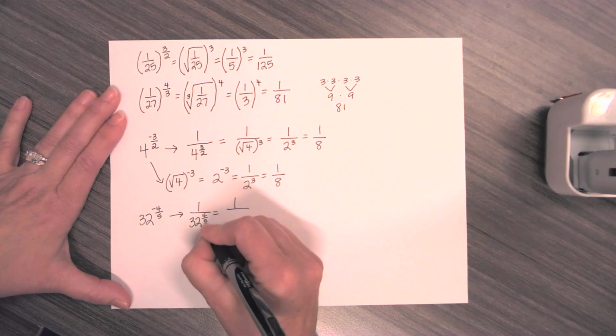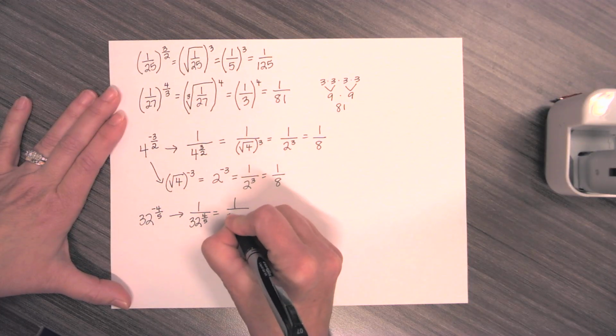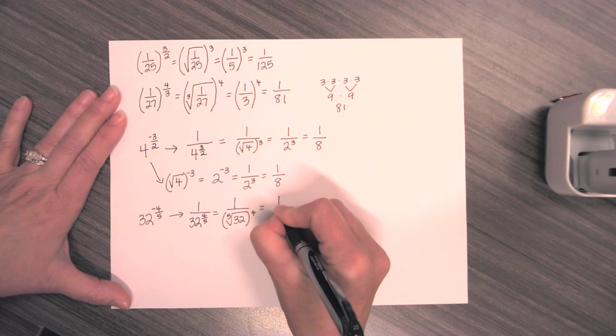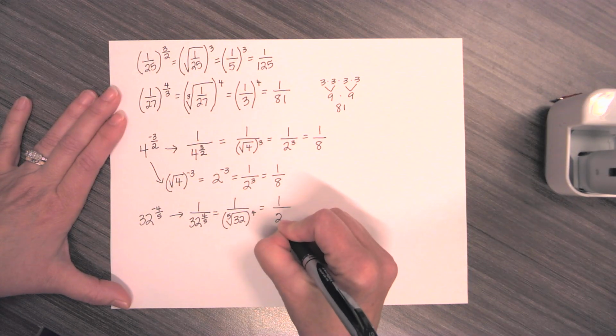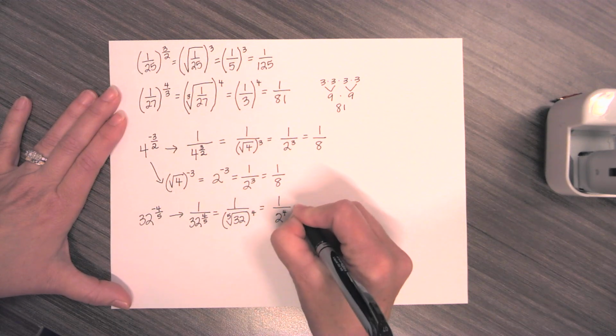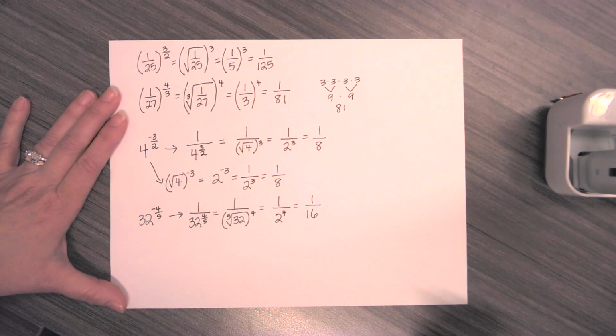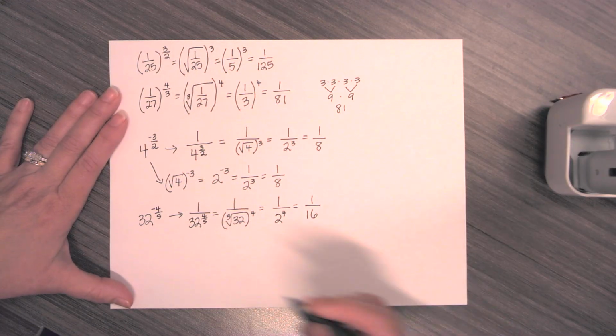And so the bottom number is the root, so 5th root of 32, and then we'll raise it to the 4th power. So the 5th root of 32 is 2, and 2 to the 4th power is 16. Alright, so we got 1/16 on this one.